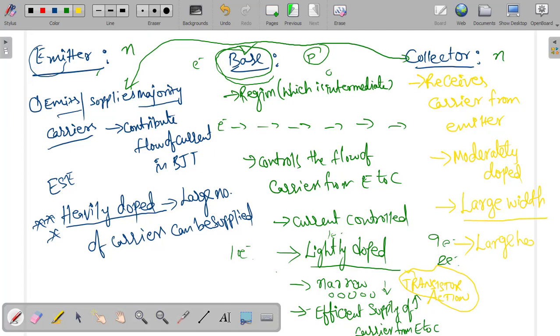This heat can be easily transferred to the output surroundings as this is the output terminal. So this is the property of the collector. This is how your emitter, collector and base operate.